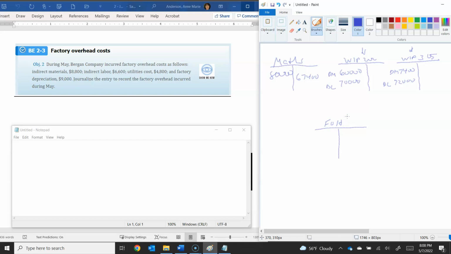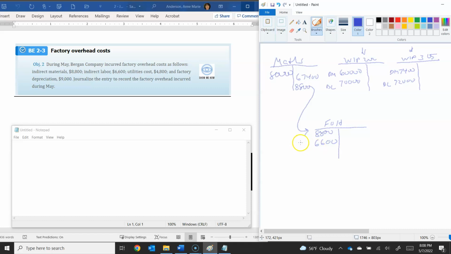So the first thing that they tell you is that you've taken $8,800 out of indirect materials. Well, that means it still comes out of materials. So 8,800, and that comes on down here. That's things like sandpaper, oil, things that it doesn't make sense to quantify. So we put it into factory overhead overall. And indirect labor, same idea, right? This could be the person doing the mopping of the floors. This could be the person running the plant.